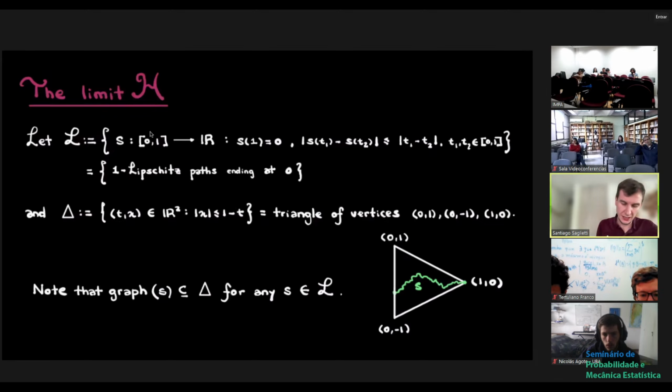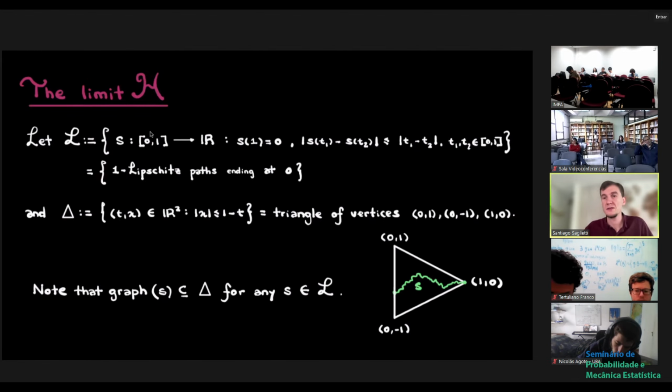First I will define a set of paths, which I'm going to call L. It's going to be the set of paths from the interval 0, 1, taking real values, which end at 0, so S of 1 is going to be 0. And they need to be 1 Lipschitz, meaning Lipschitz with constant less or equal than 1. That's going to be my space of paths, which is going to appear in this variational formula which defines H.